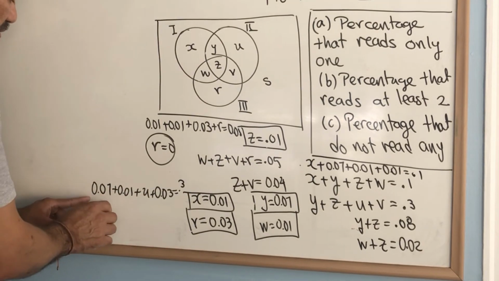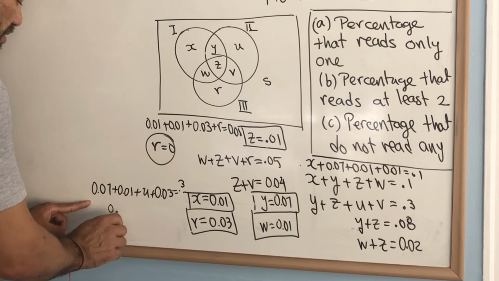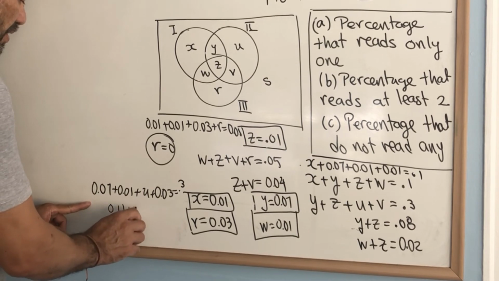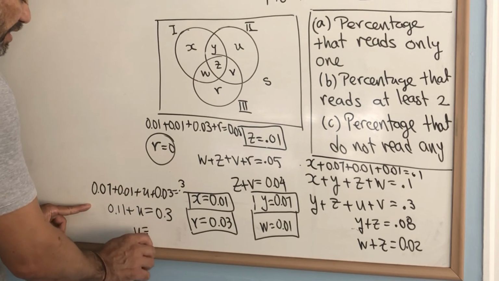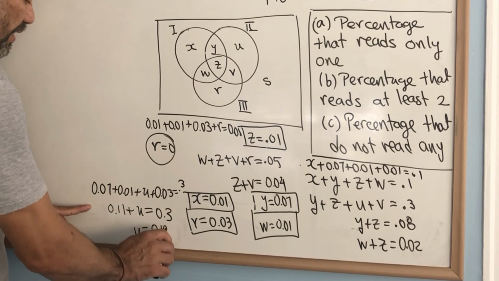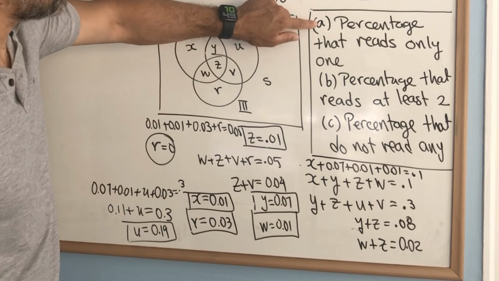But this is 0.11 plus U equals 0.3, and that means that U is 0.19.